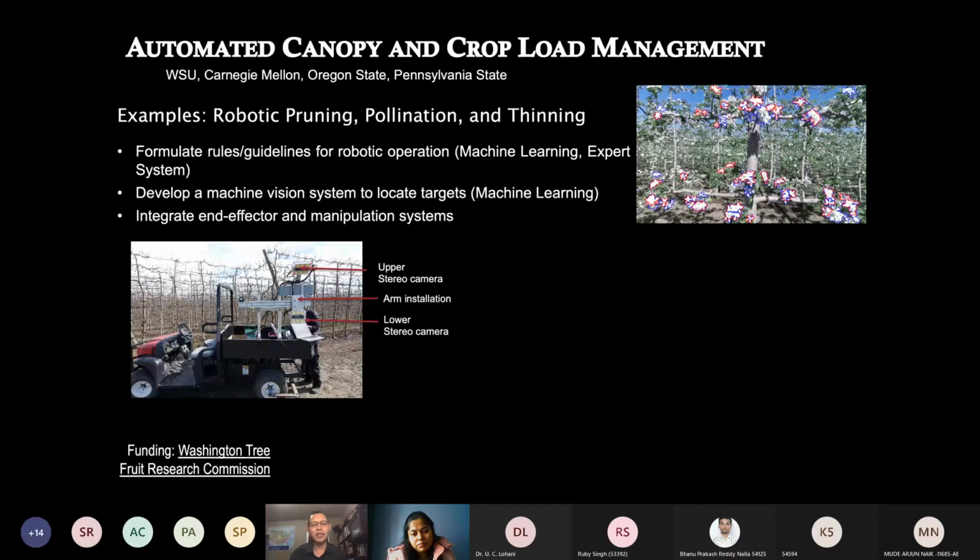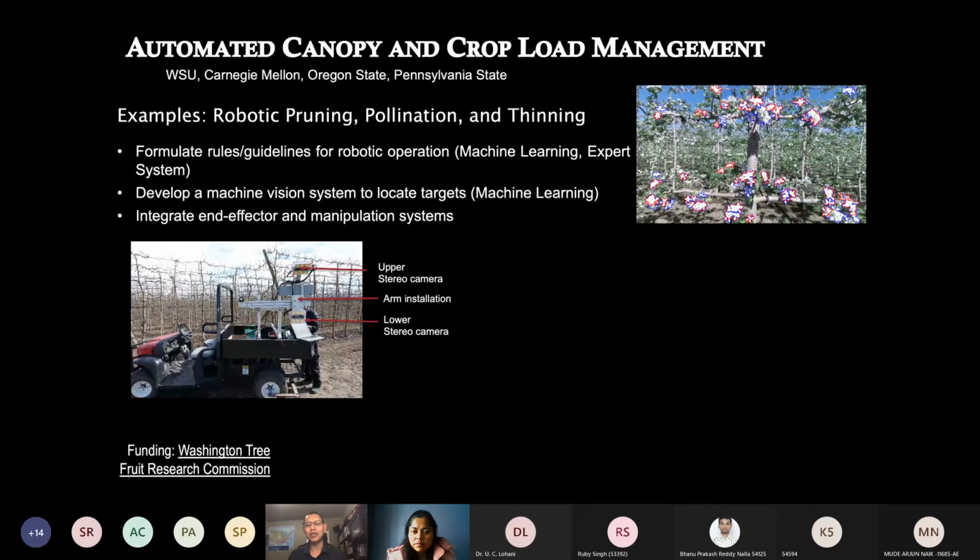If it is robotic pruning, we'd like to find where the branches are and identify the branches that we'd like to prune out. And if it is a harvesting system, as I mentioned earlier, certainly it would include identifying and locating apples or other fruit.